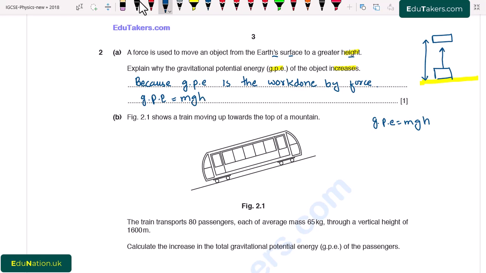Here h is height, and when h increases, so does the gravitational potential energy. And here h has increased. So gravitational potential energy increased.